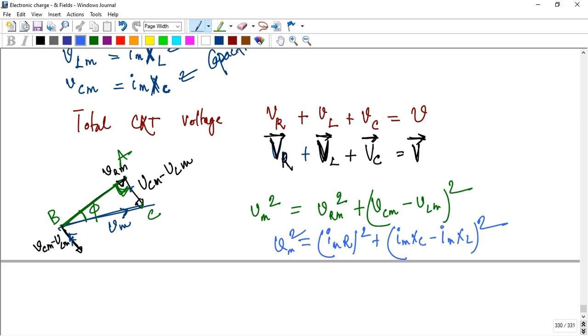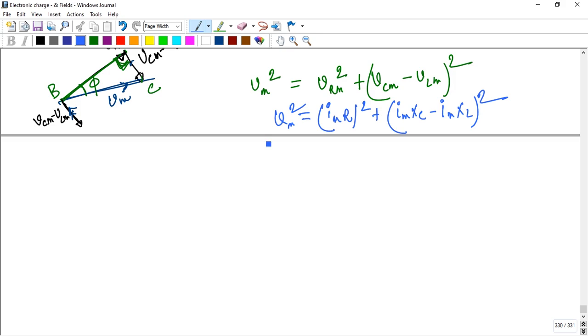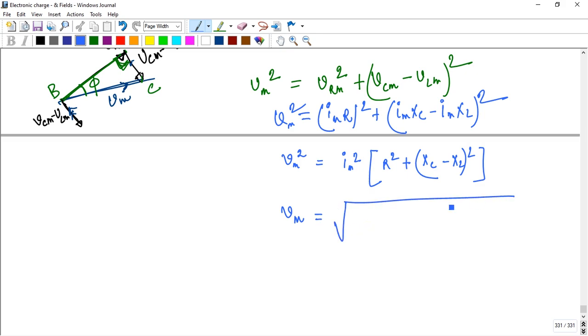Okay, now that's the Vm squared, that is equal to, if Im squared is common, we get R squared plus (XC minus XL) whole squared. So Vm is equal to root over of Im squared times (R squared plus (XC minus XL) whole squared).